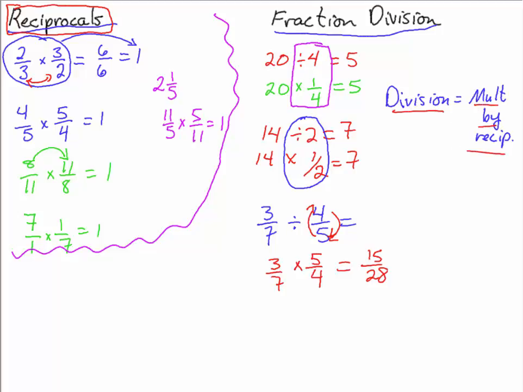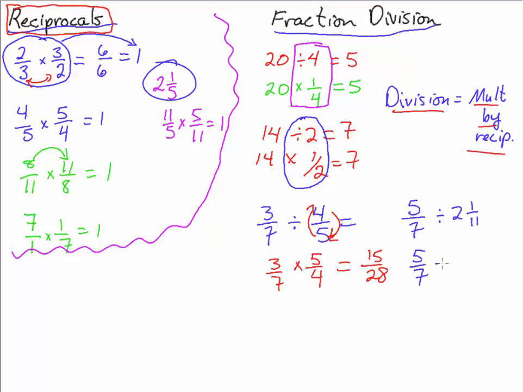All right, let's do another problem and make sure we've got this down. 5/7 divided by 2 1/11. Now this is kind of interesting. We can't quite do the reciprocal yet. We need to break that down.